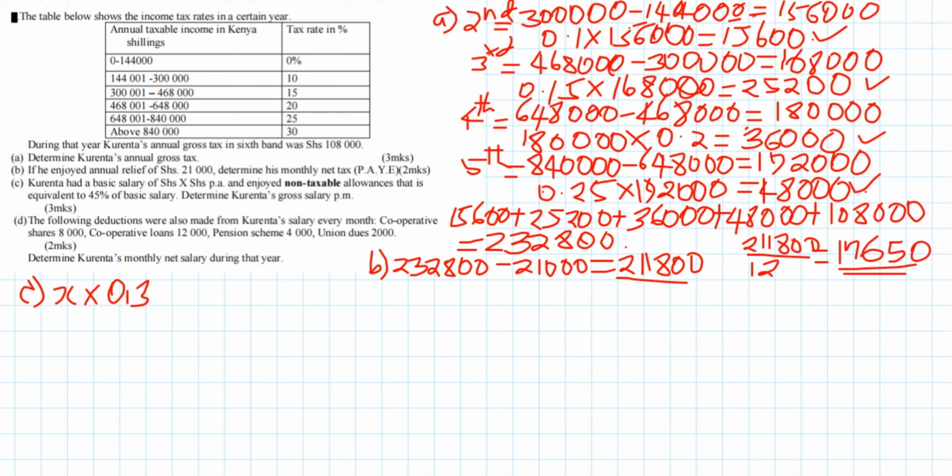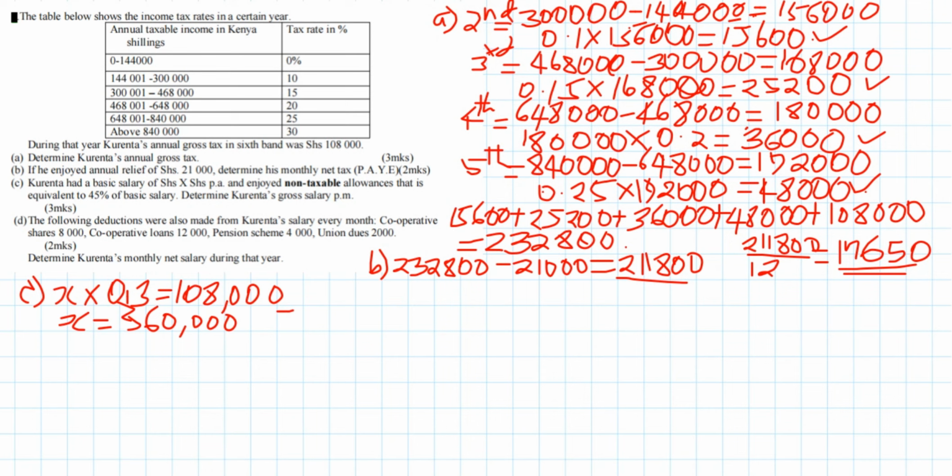So in the sixth band, the taxable income, let it be X, multiplied by a rate of 30%, which is 0.3. So that now we obtain this 108,000, which was the gross tax in the sixth band. So when we do that, we are going to find out that our X is 360,000. So this 360,000 was the taxable income in the sixth band only.